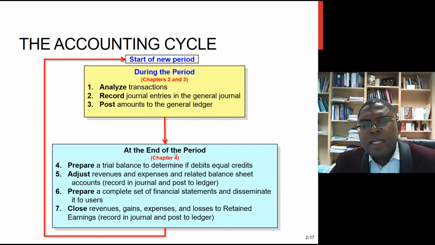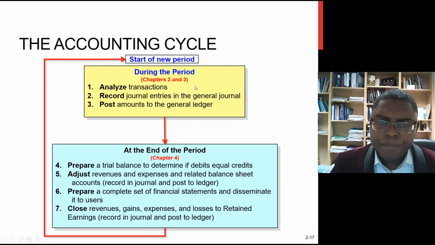When transactions occur in businesses, those transactions are usually analyzed, recorded in the journal entry, and then posted in the general ledger. From the general ledger, we build the financial statements.